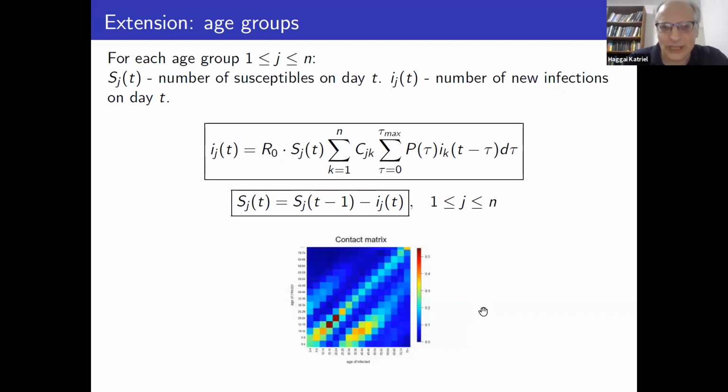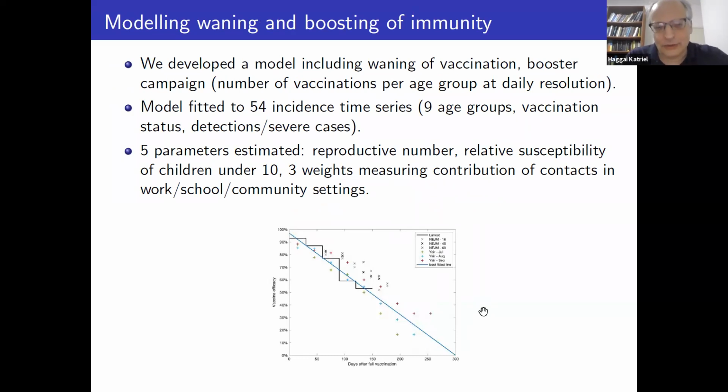Okay. So in order to describe the waning of immunity, we also had to include this waning into the model, and also the booster campaign. It complicates the model, but I won't go into details.